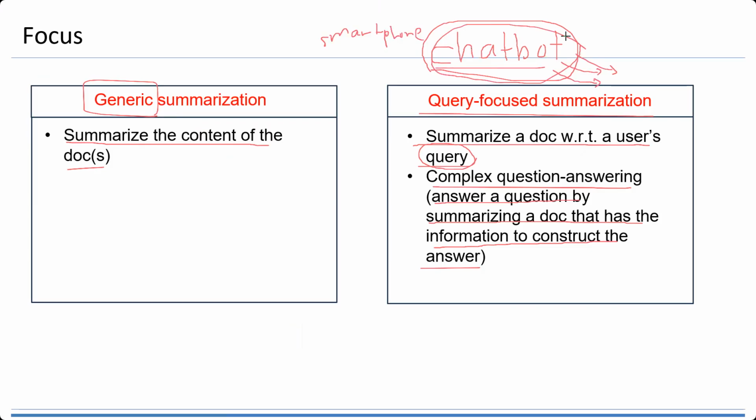So the chatbot should collect any documents related to smartphones to get the correct answer. After we do the summarization, we can put those things into the chatbot. Whenever there is a question, the chatbot can answer automatically.